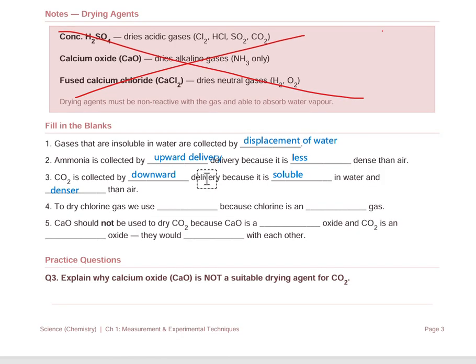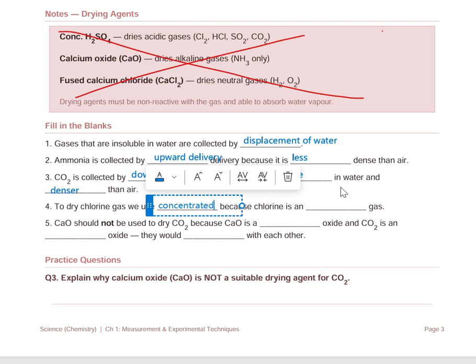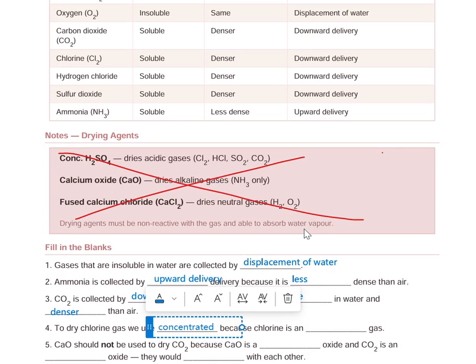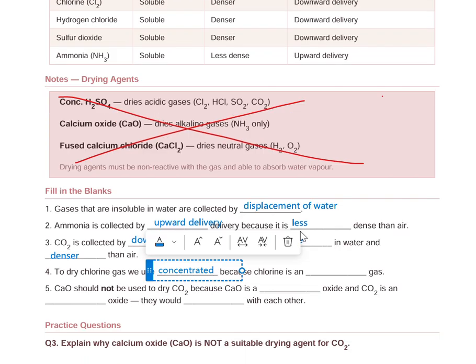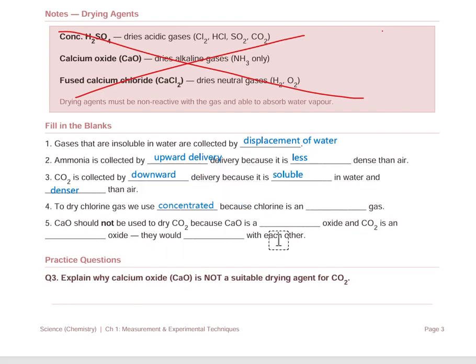To dry chlorine gas, we use what? Because chlorine is a what gas? To dry chlorine gas, we actually have to use concentrated H2SO4.